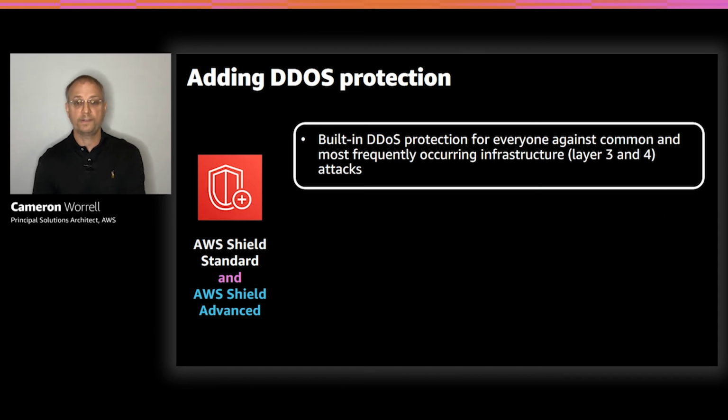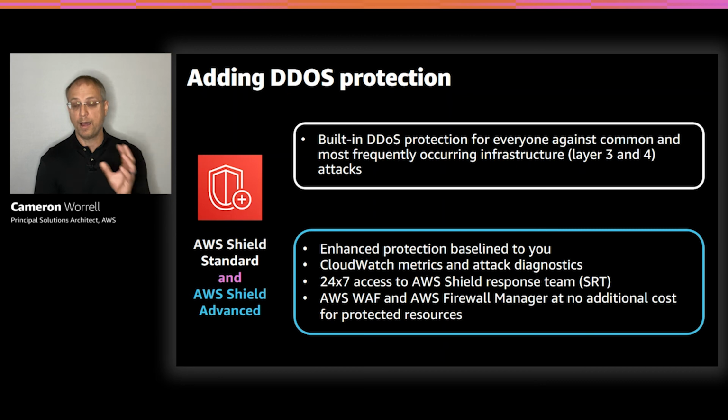However, for more sophisticated protection, and if you want visibility into CloudWatch metrics and more sophisticated monitoring, this is where we really encourage you to look at Shield Advanced. Shield Advanced gives you additional metrics, baselines your application traffic over time, and looks for anomalous activity that's consistent with DDoS attacks.